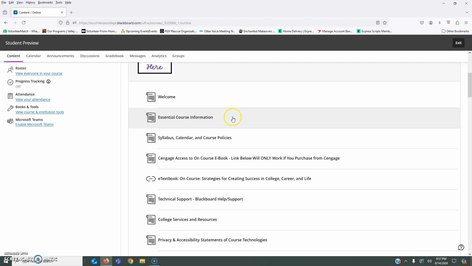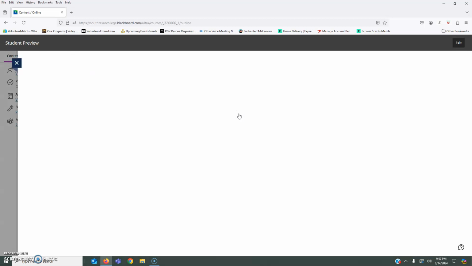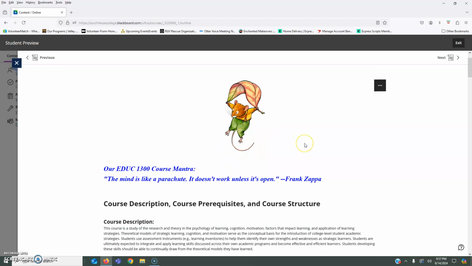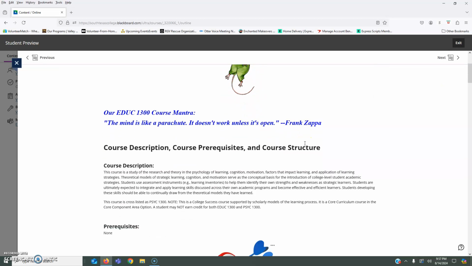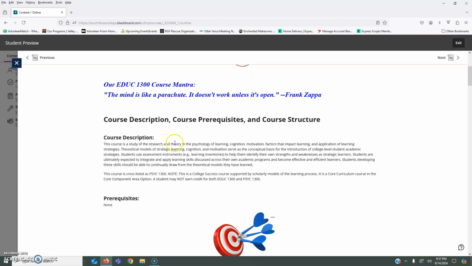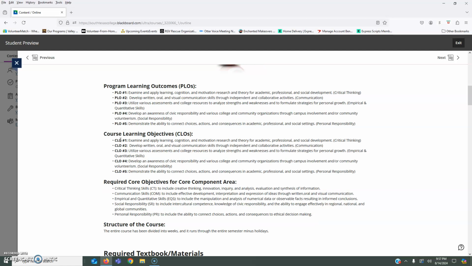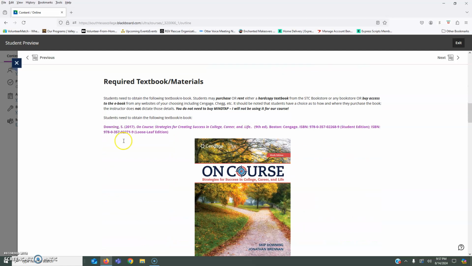The second area is called the Essential Course Information area. This is a critical area, so please spend a good amount of time and energy here. It obviously tells you the course description, and it also tells you about our required textbook, which is called OnCourse.